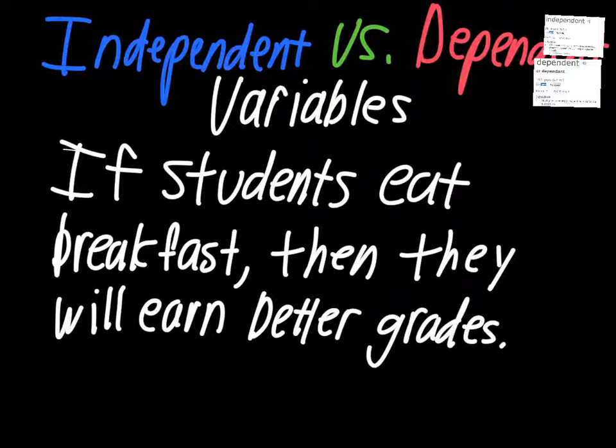If we were analyzing this one, the first part would be to take everybody in class and divide them up into two groups. You're either in the group that eats breakfast before you come to school, or you don't eat breakfast.